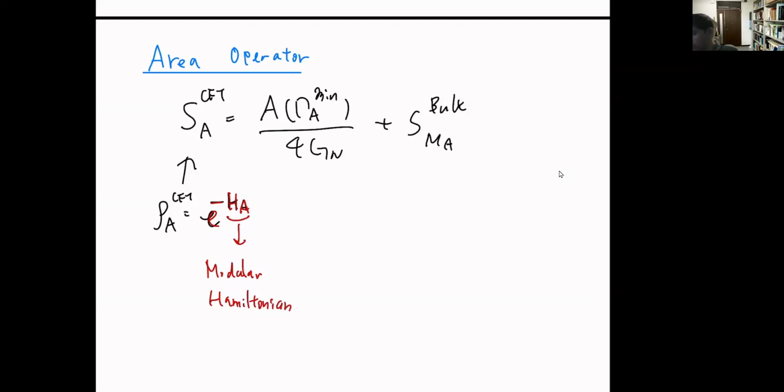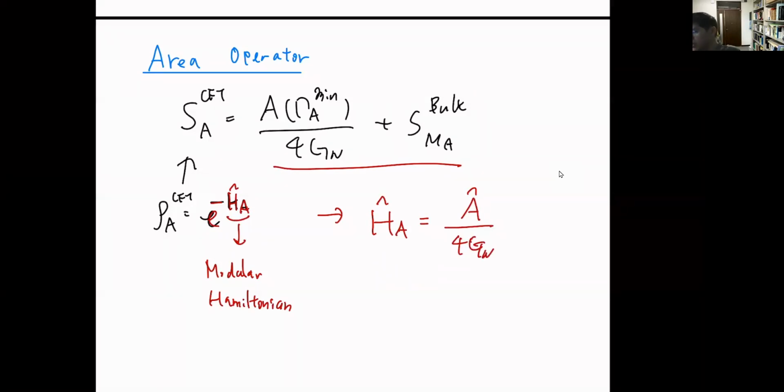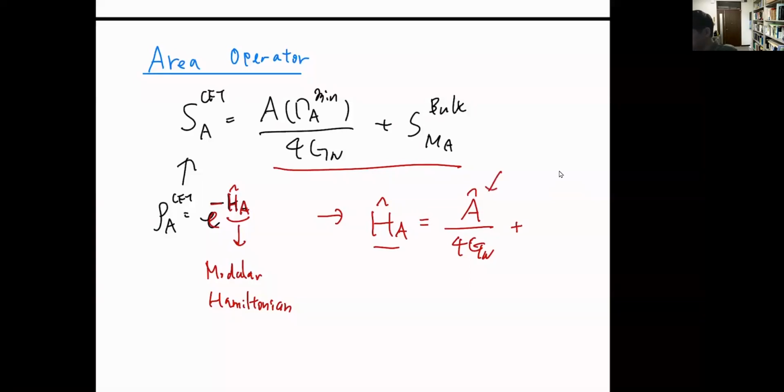This is a very useful operator. It is a Hermitian operator. If we introduce this, then what we can say is that this modular Hamiltonian on the gravity side can be decomposed into two parts. The first is the area contribution: if we upgrade the area to an operator, this is called the area operator.